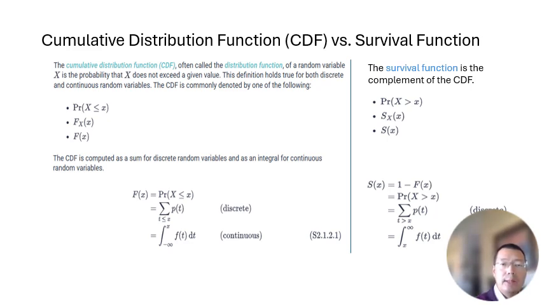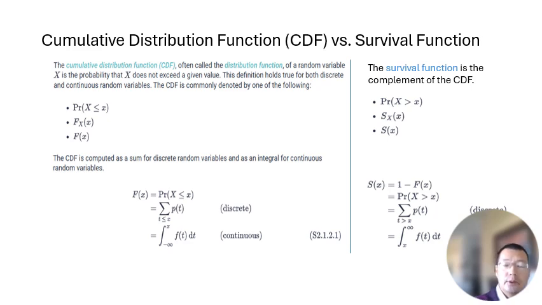Once we know the CDF, the next function we will know is the survival function. The survival function is basically the complement of the CDF. For the CDF, the probability is X less than or equal to small x. But for the survival function, the probability is X greater than small x.